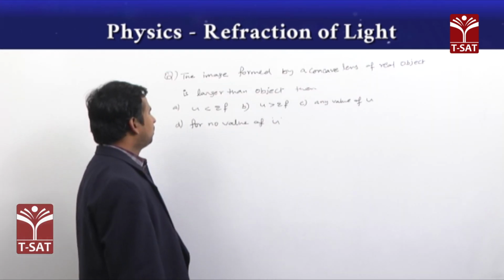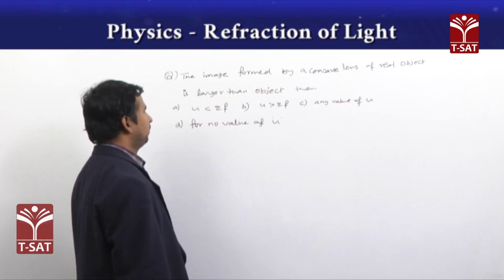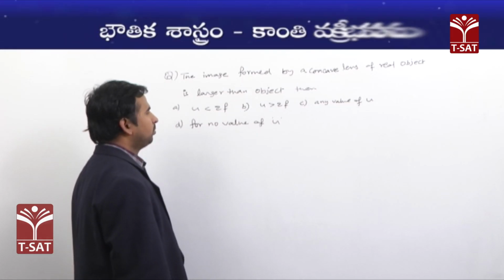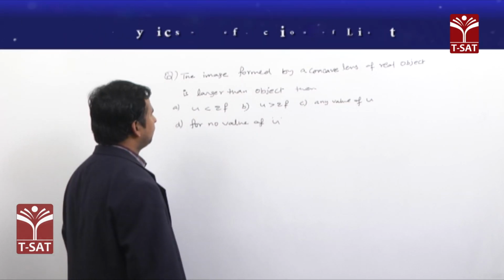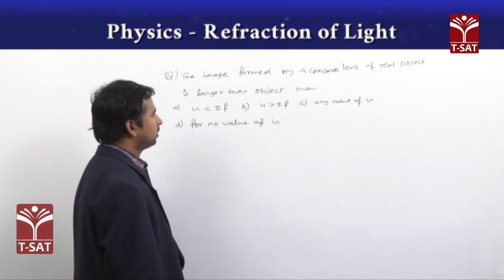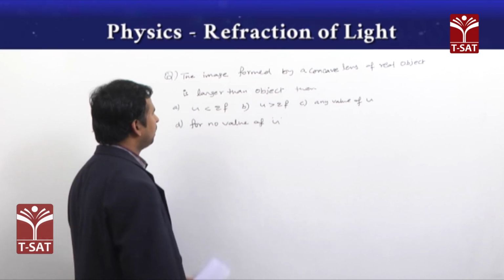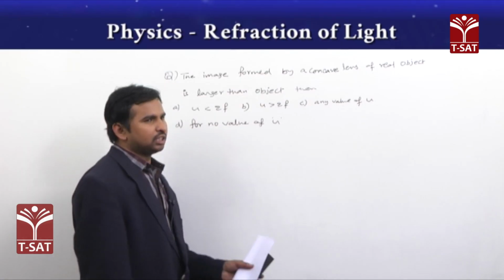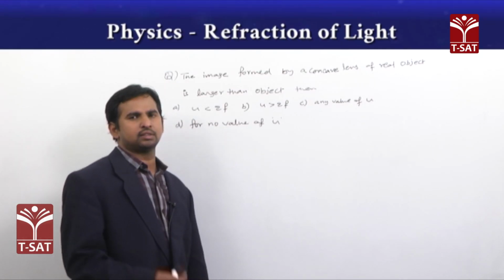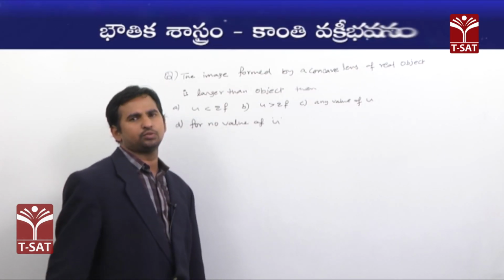Here is another MCQ, a multiple choice question: the image formed by a concave lens of a real object is larger than the object. So the image given here has a size more than the size of the object.